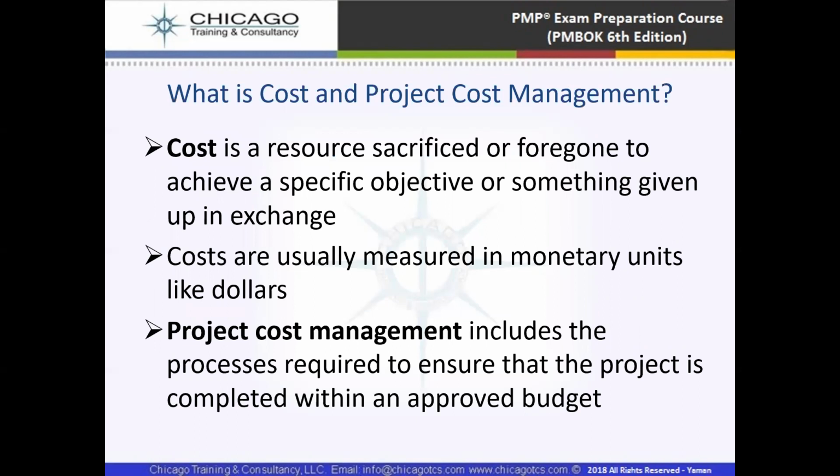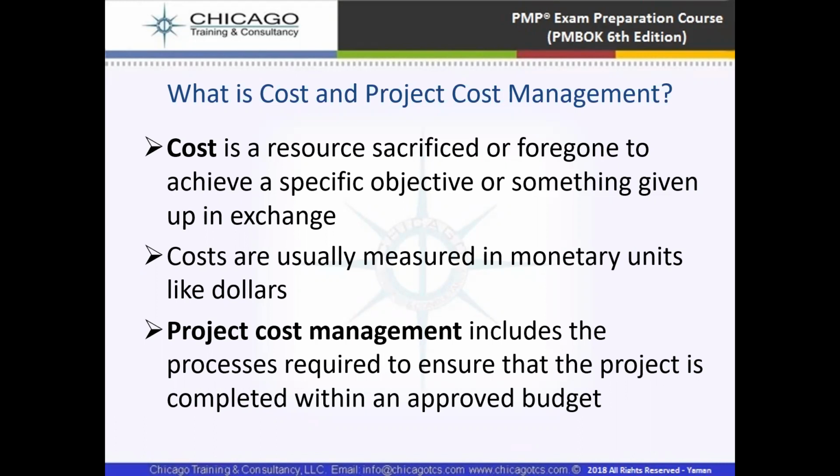So what is cost and what is project cost management? The definition of cost is a resource sacrifice or foregone to achieve a specific objective, or something given up in exchange. So cost is a resource.